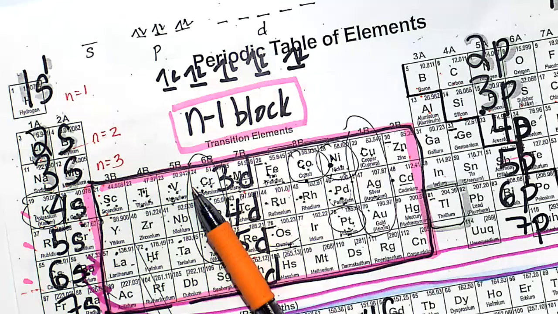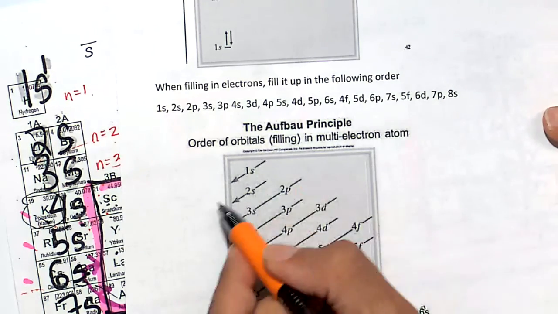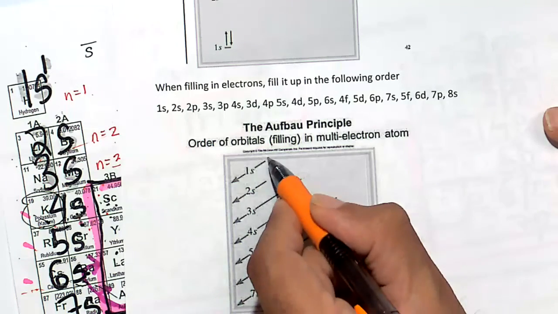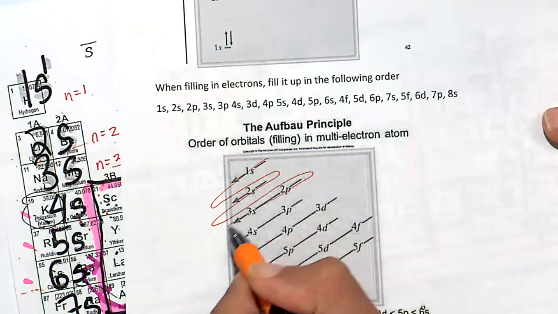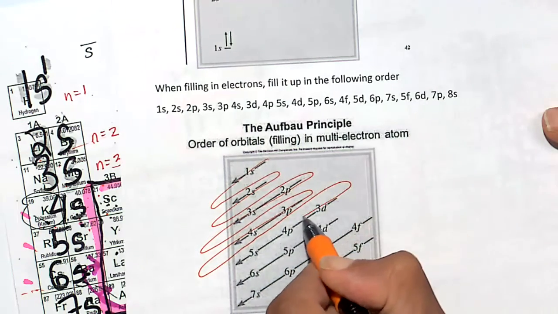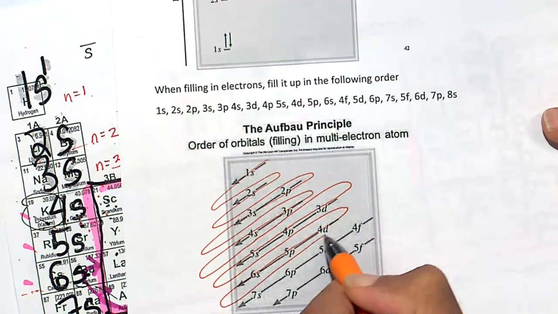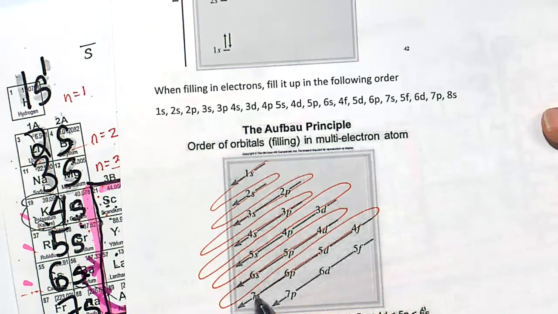That's actually shown here. You want to look at this. First 1s, then 2s, then 2p, 3s, 3p, 4s. After 4s, 3d. After 5s, 4d. After 6s, 4f.